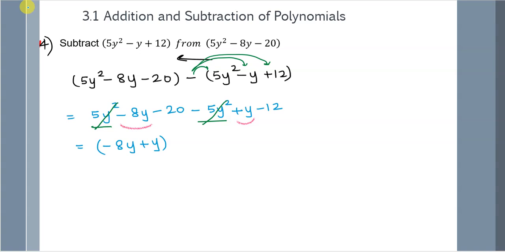Then, when you work with the numbers, minus 20, minus 12 together. In between, just put plus. So it gave you minus 8 plus 1, minus 7y. Minus 20, minus 12. How much? Minus 32. This is your final answer. So this is how.